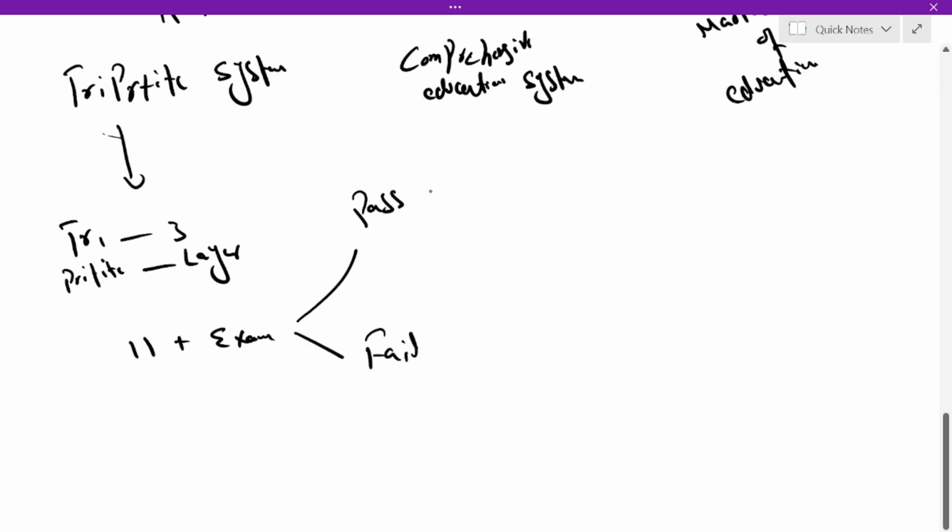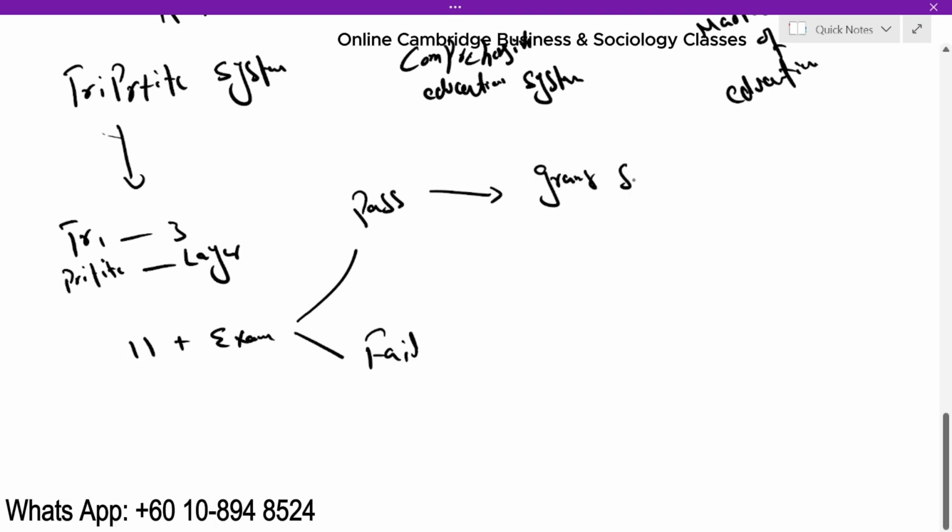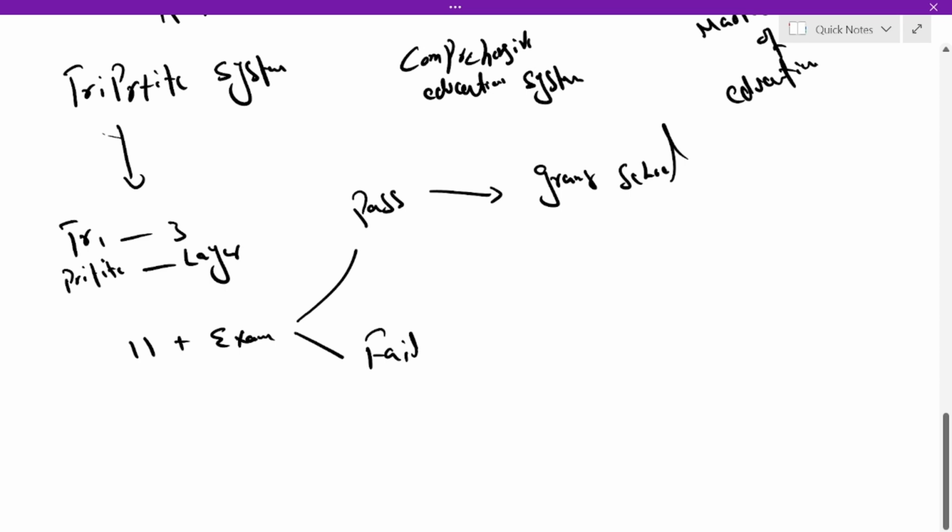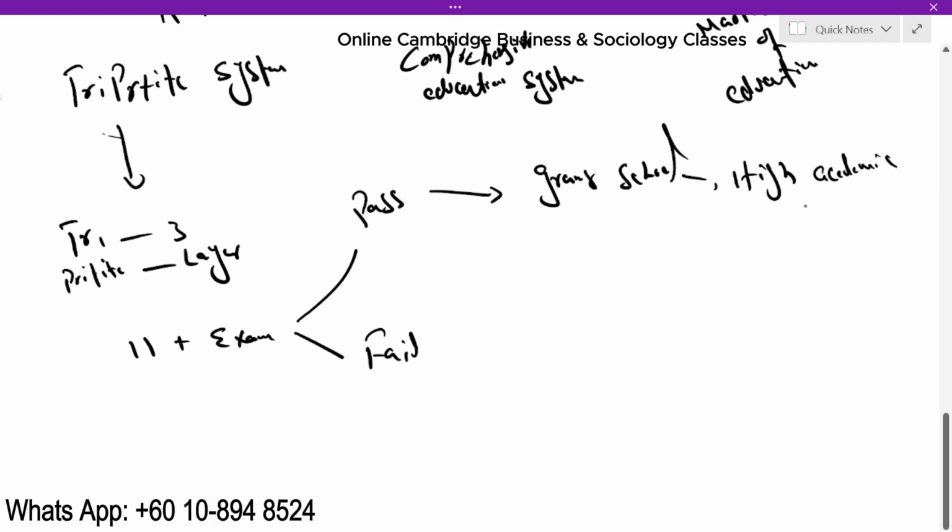If you are in the passing category, then you go into the grammar school, for high academic education.